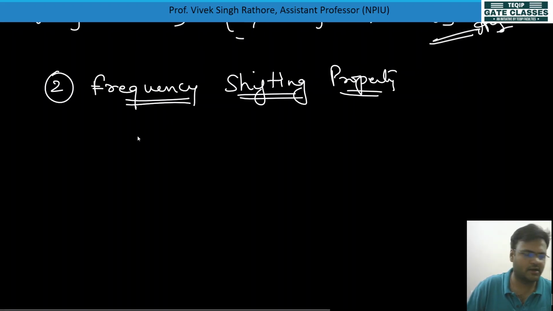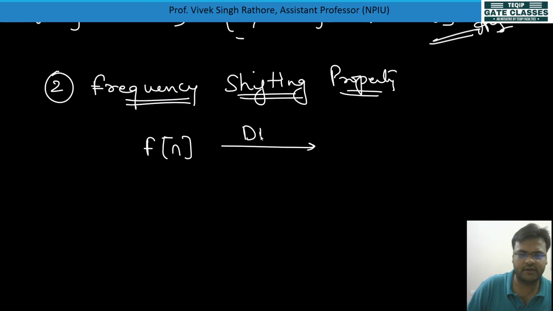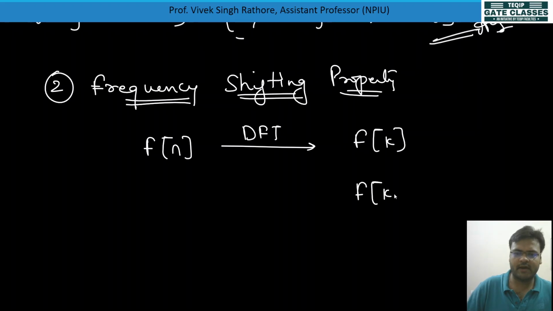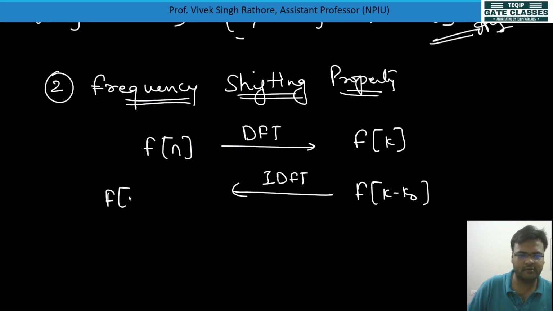So see, frequency shifting property means that if the DFT value of f of n is f of k, now if you do f of k minus k naught and take the IDFT, what you'll get is f of n, and then e to the power jk, omega is nothing but 2 pi by n, so we'll do k naught into n.